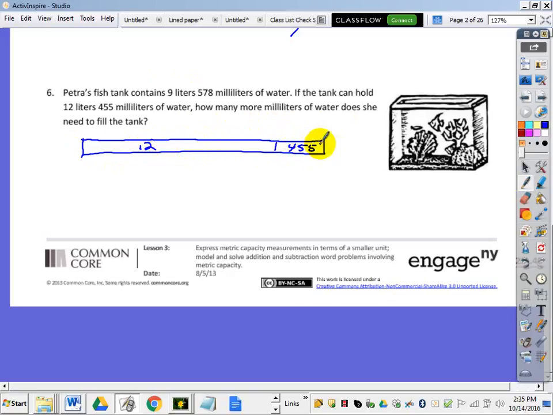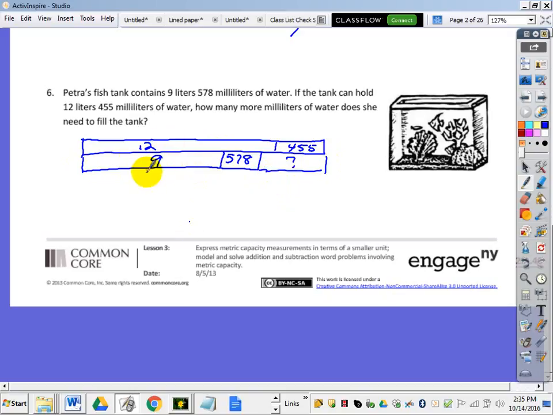This is when it's filled right to the top. Now, she's only got like 9 in there and 578 milliliters. So we know it hasn't got filled up. So we're wondering, what's the part that can be added to it? How much more water can I pour in there?